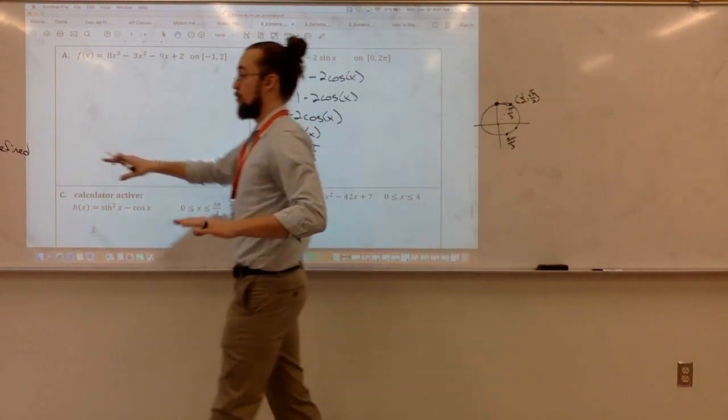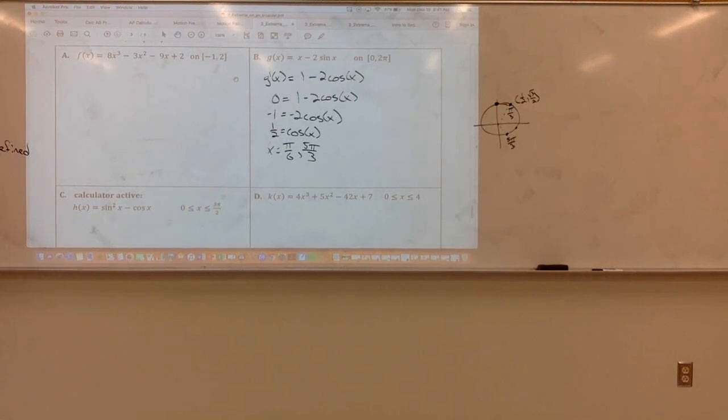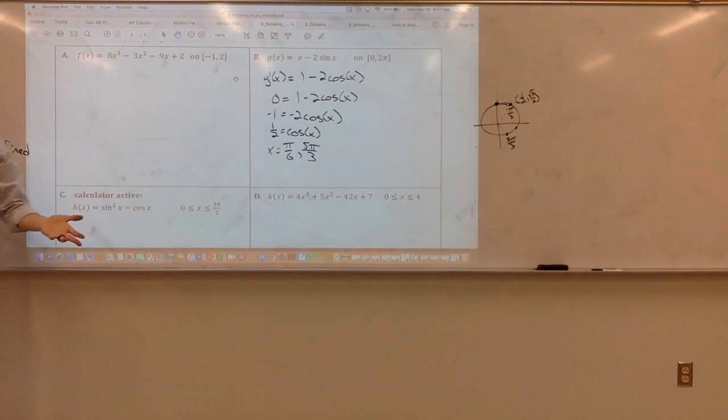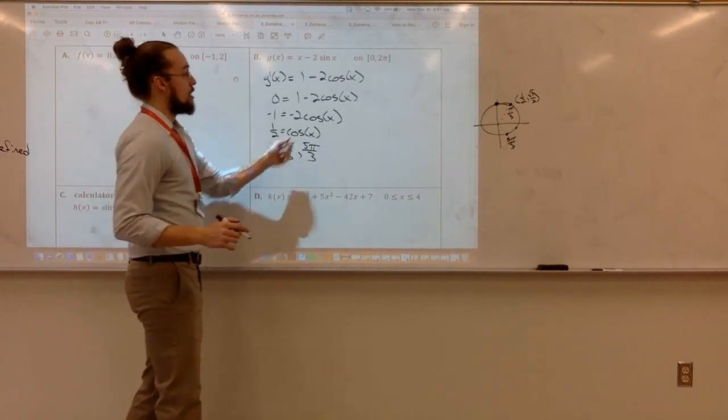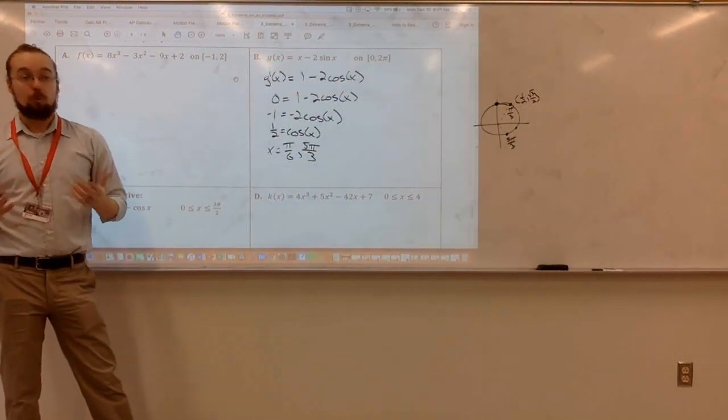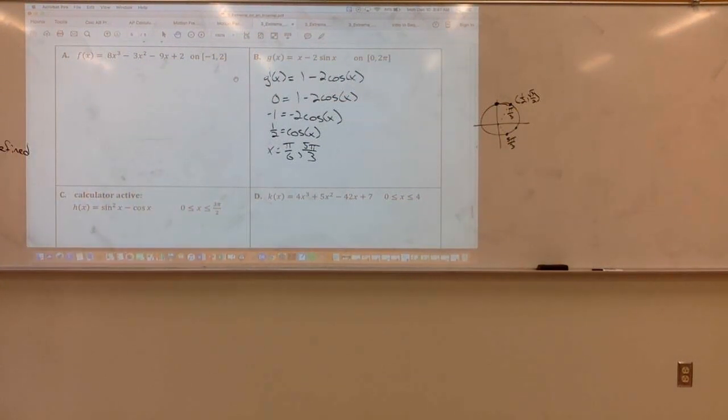So there are no places where the derivative is undefined. Cosine is continuous everywhere, no corners, cusps, vertical tangents, anything like that. So we found our 4 places that we need to test: 0, pi over 3, 5 pi over 3, and 2 pi. At one of those, we are guaranteed to have our absolute max, and at one of them, our absolute min.